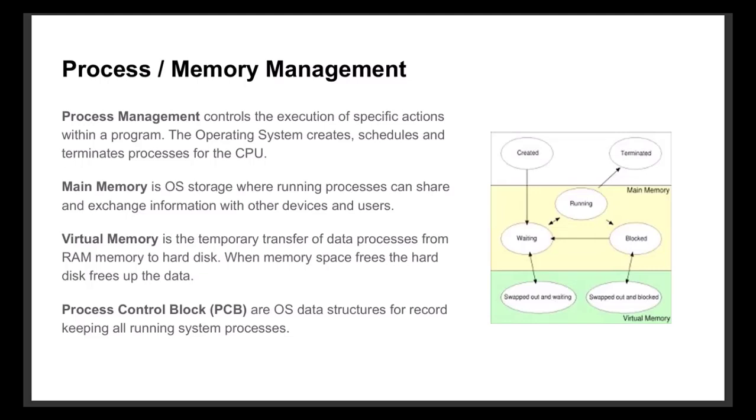When we're discussing memory, we're referring to RAM memory, random access memory. RAM memory is what we call a volatile storage. That means we're going to require a consistent power supply for it to work. Process management allows us to monitor how much processing the CPU is conducting at a certain point in time.